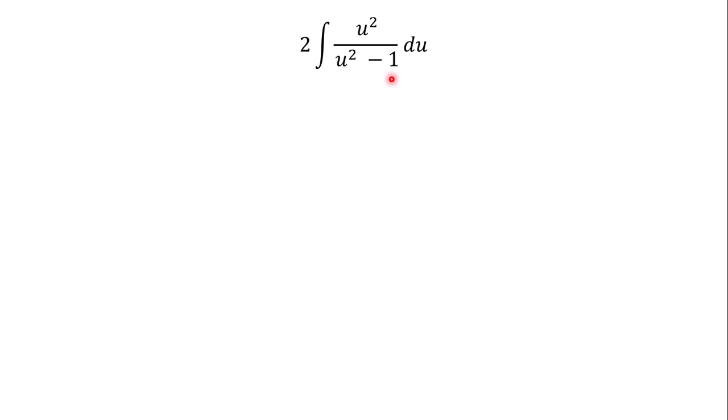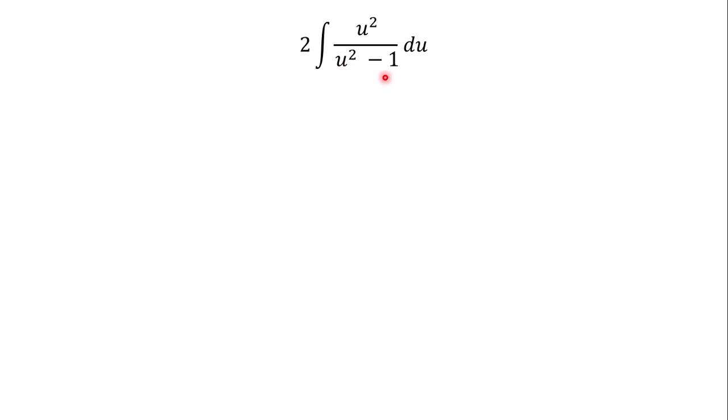And remember, after rewriting this, when we compute it, it should give us this one back. If it doesn't, it means we are wrong. So we are going to find the means to rewrite this one in order to get u squared minus 1.